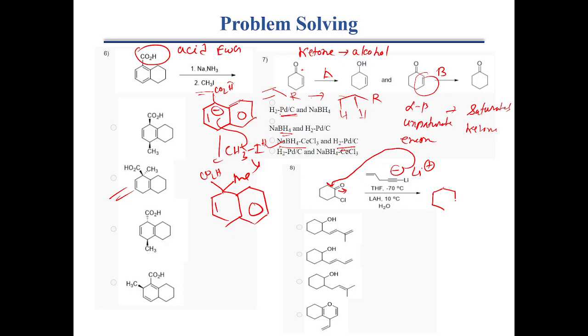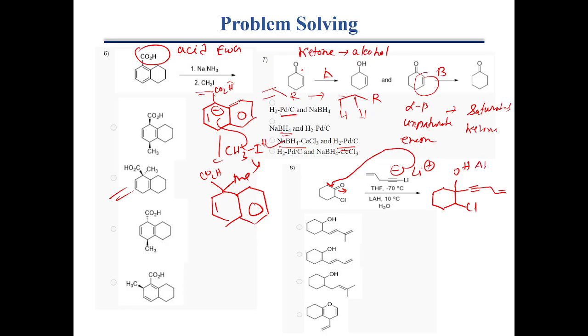So first it will form this one. Now lithium aluminum hydride. Previously I already told that aluminum hydride is an electronically positive compound, so it has a high propensity to react with any kind of alkoxide.